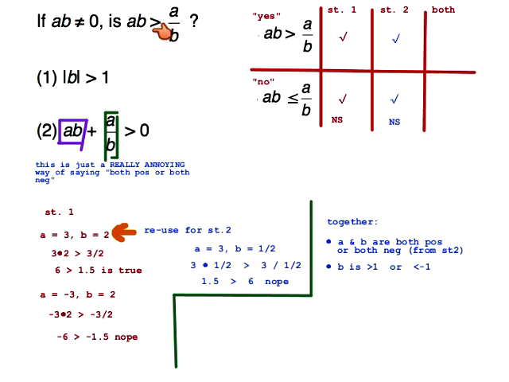So the deal is, if you consider these 2 quantities, AB versus A over B, and you have to plug in numbers to figure this out, since B is a number that is more than 1, and if you have 2 negative numbers, it's going to be the same as using 2 positive numbers.